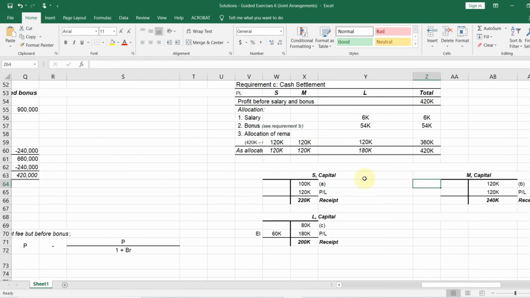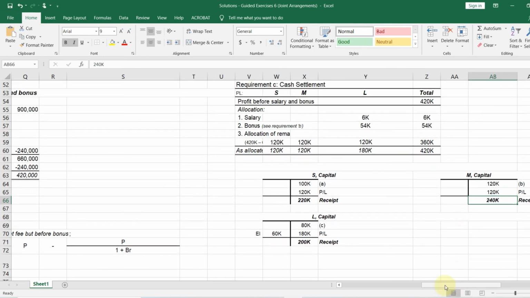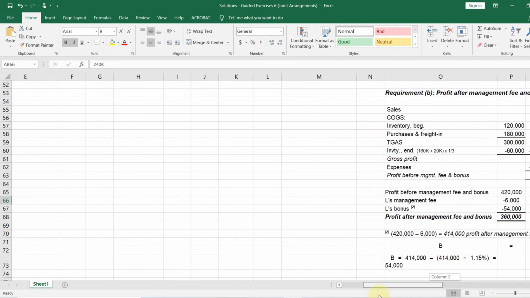Okay, so sa S capital is still the same, makatanggap si S ng 220, si L 200, and then KM 240,000. Okay, so yun lang. Okay, do you understand? Do you follow? Okay, this is actually the basics.